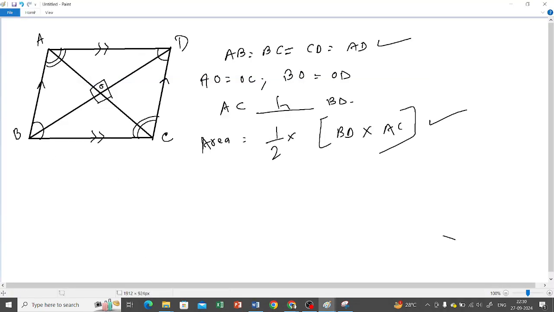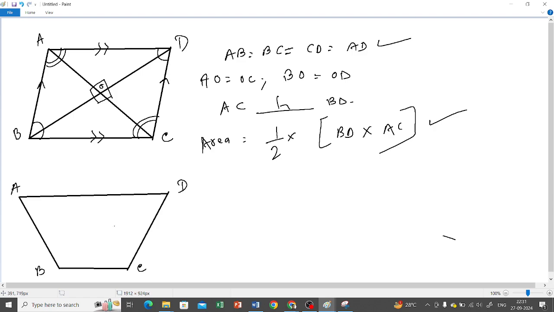Now trapezium. Okay? So this is the trapezium.